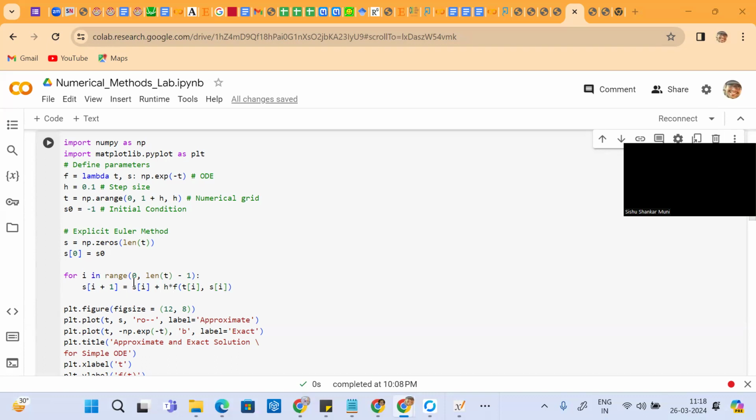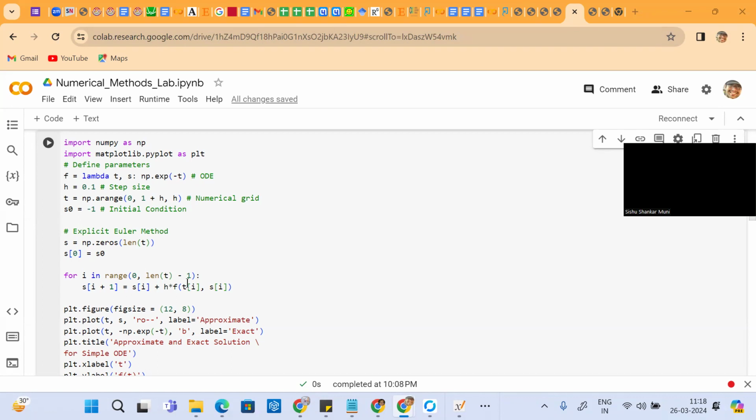So for I in range 0 to length T minus 1, which you have done on paper, you calculated 0, then 0.1, 0.2, so on, you went till 1. Is it? Yes, for the previous example when you did on paper. That same thing we are avoiding by using a for loop.